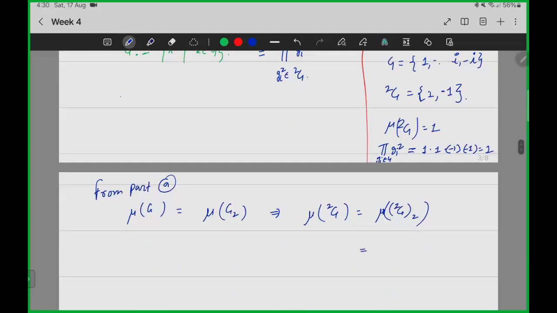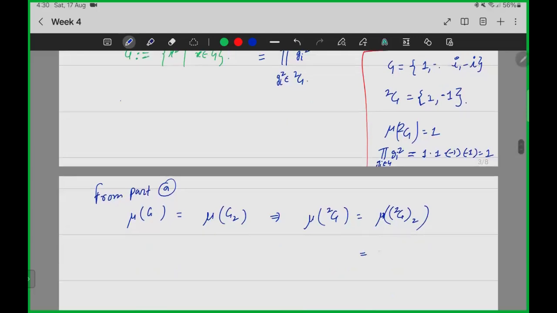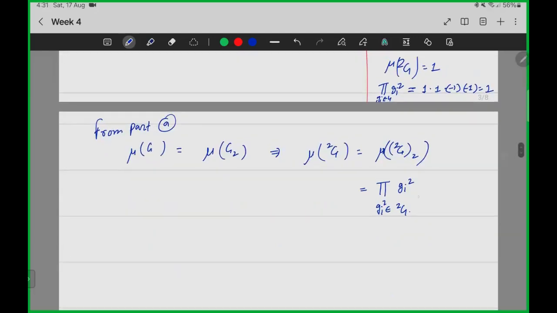So if you use this, then what you get here, mu of G2 is nothing but the product of gi squares, with gi square belonging to 2G. And now you are adding this extra condition so that the element square is 1, that is, gi square is 1, right?